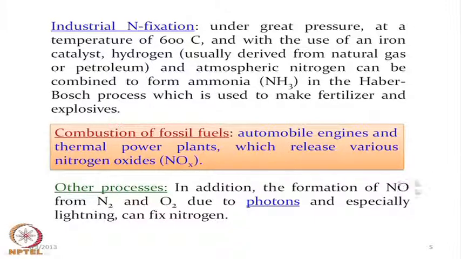Whether these nitrogen oxides are harmful or beneficial, we should not consider at that point, but whether we are able to convert the gaseous nitrogen, the triple bonded nitrogen gas, to some useful or other compound, that we will consider as the fixing of the dinitrogen molecule.